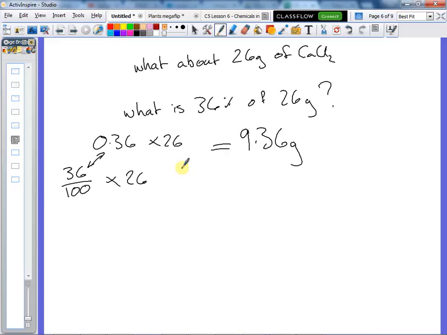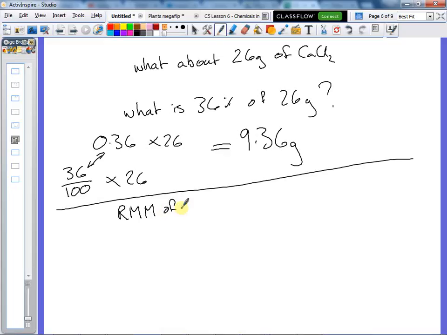The other way to do it would be, well, okay, the RMM of calcium chloride equals 111.